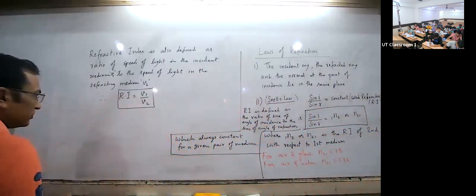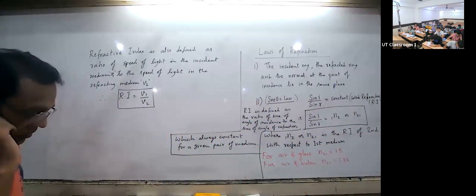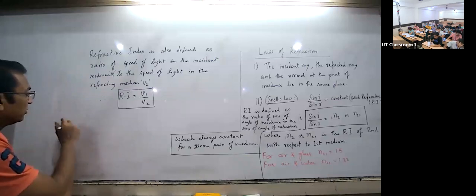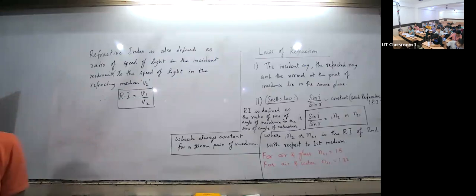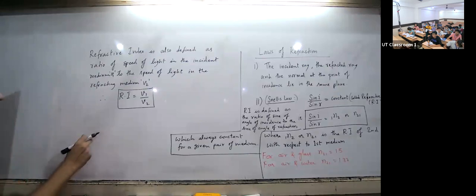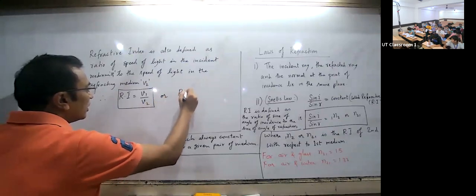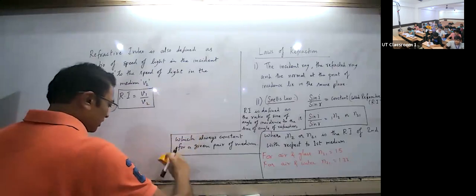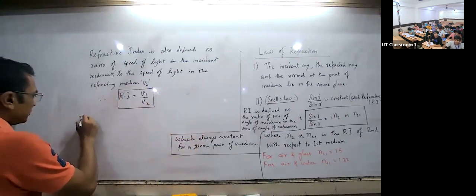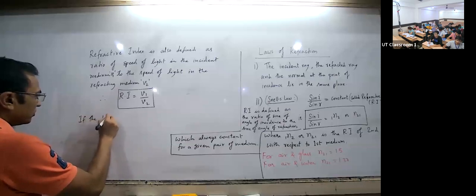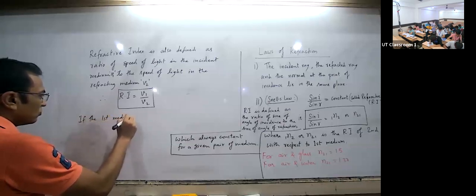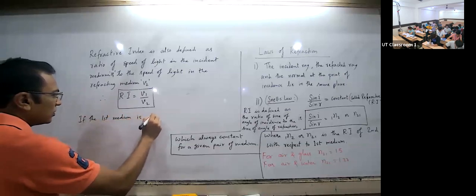Now there is one more. Can you tell me what is the speed of light in air or vacuum? 3 into 10 raised to 8. It's special, and I had said that it is constant, right? What is its symbol? C. Very good. So the refractive index, or RI, if the first medium is air, right?